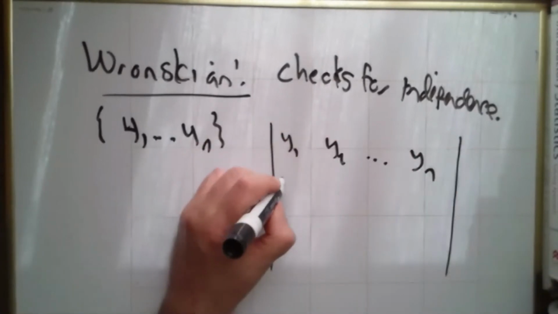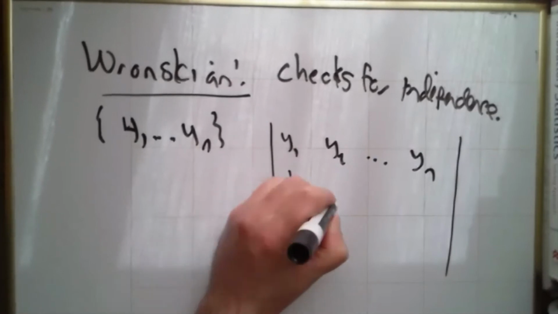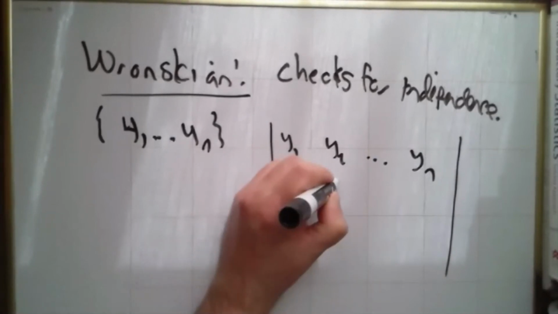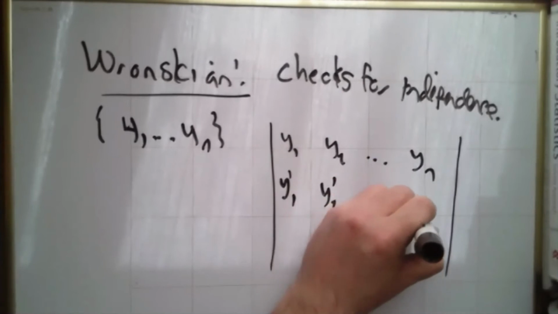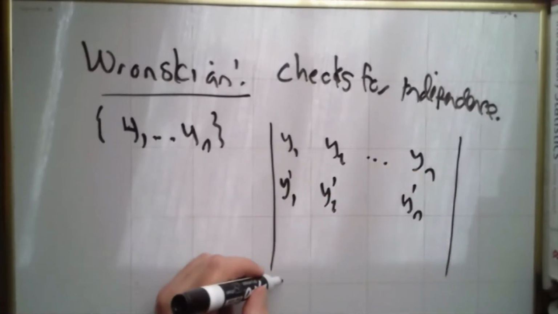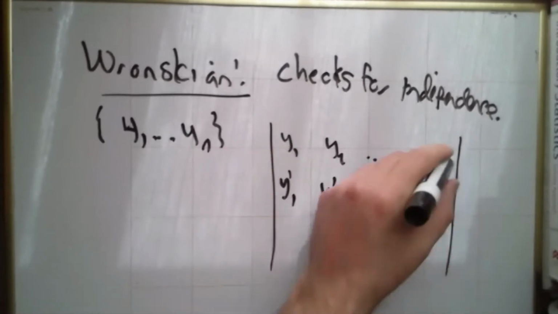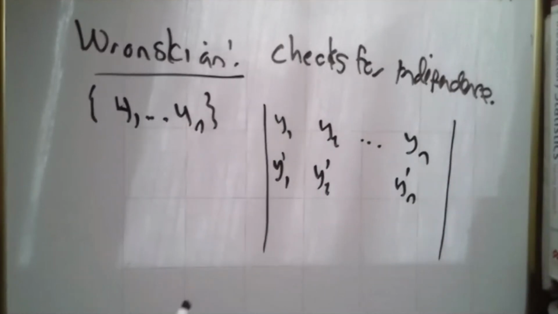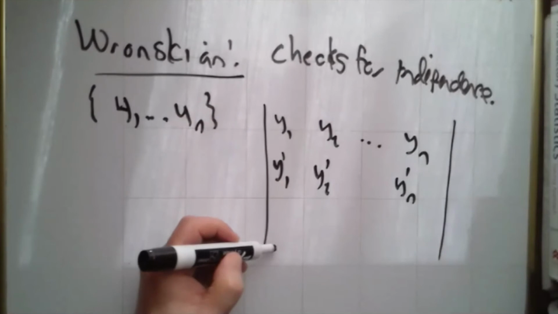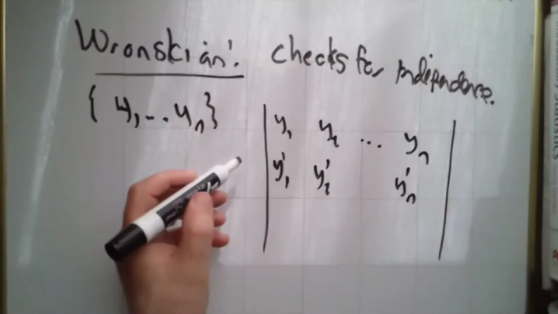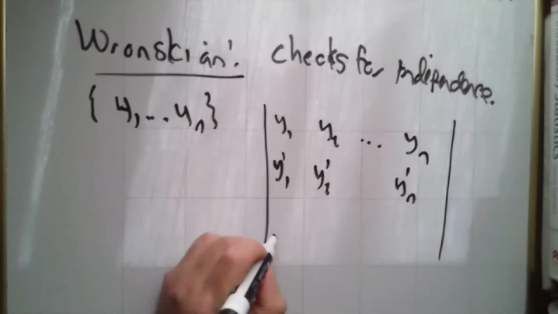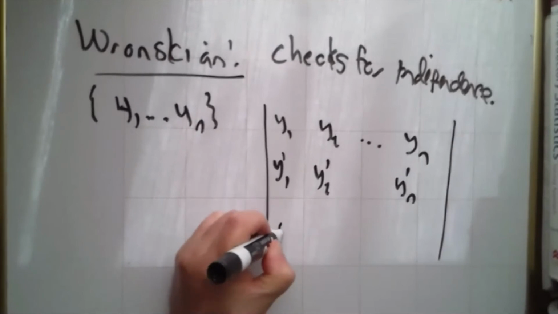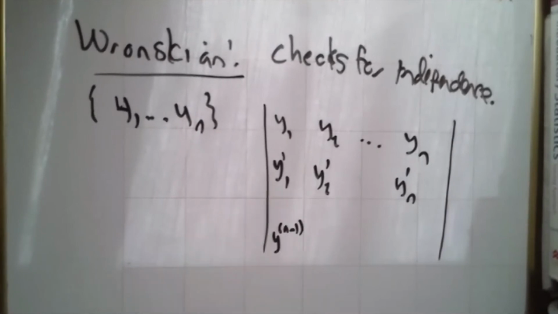In the next row, we put all their derivatives, all the way down until we build a square matrix. Remember, you can only take the determinant of a square matrix. So I need n rows since I have n columns. So this will be to the n minus 1th derivative.